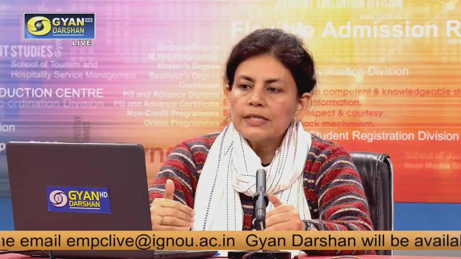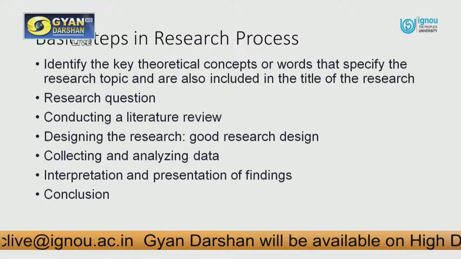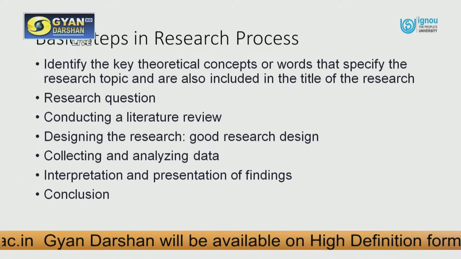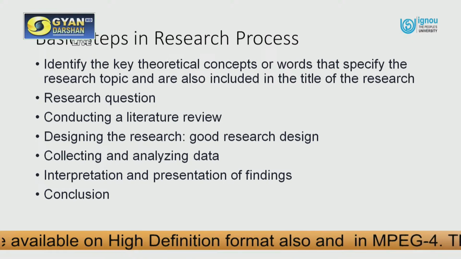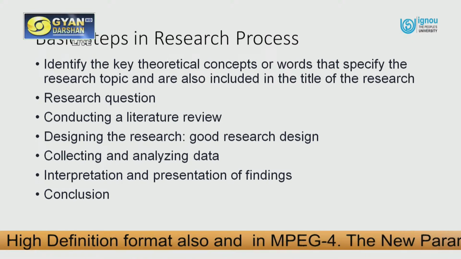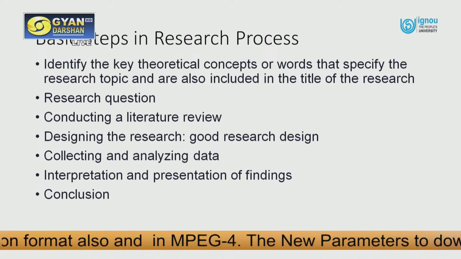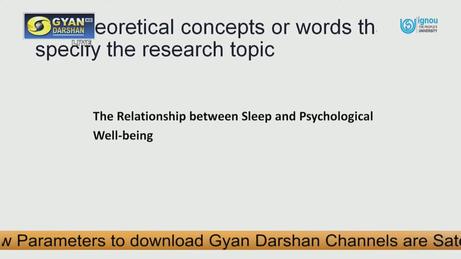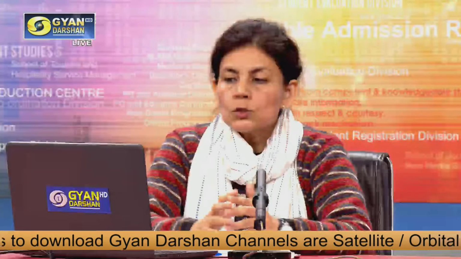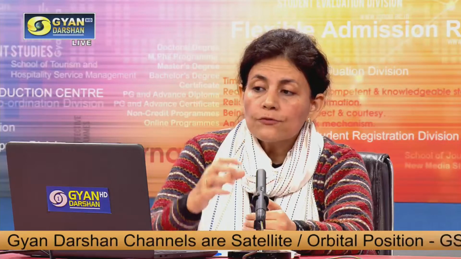First of all, we identify the key theoretical concepts or words that specify the research topic, and these specific words have to be included in the title of the research. We will see how. For example, relationship between sleep and psychological well-being. Right? The focus here is on sleep and the psychological well-being of the participants.